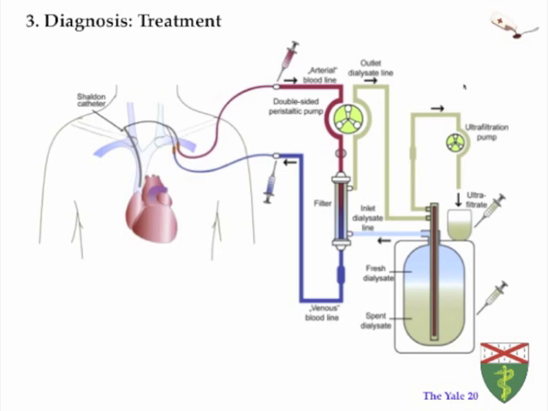In the emergent setting, a non-tunneled temporary hemodialysis catheter can be placed in the internal jugular vein or the femoral vein, which is less appropriate as it is more of a dirty site. This removes blood into a machine that filters it in the setting of dialysate, which can help clear, based on osmosis, some of those chemicals that we had before, and the blood is then returned back to the body.